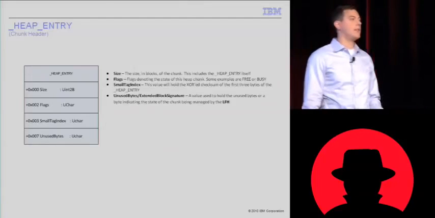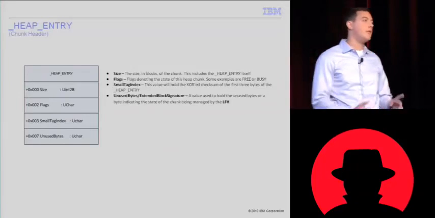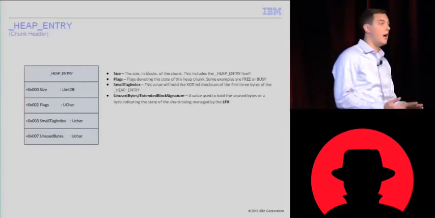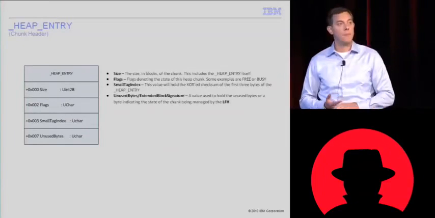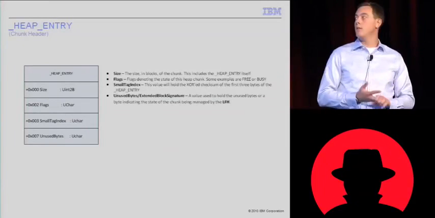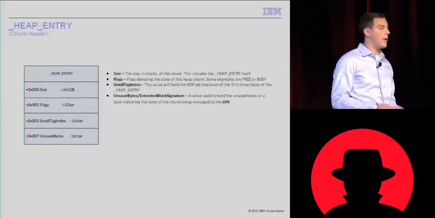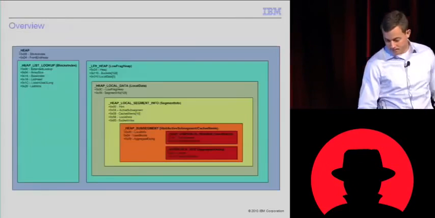It has changed drastically since Windows XP, but it still contains a lot of the same information. You have your size, you have flags, whether it's free or whether it's busy, and you're going to have a checksum in the third offset. Just to let you know, only the first 4 bytes of this 8-byte data structure are encoded, and we'll talk about that more as we get along in this presentation.